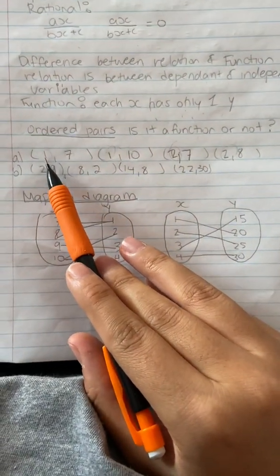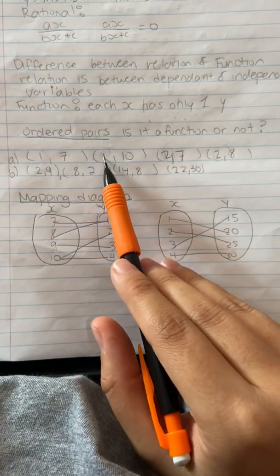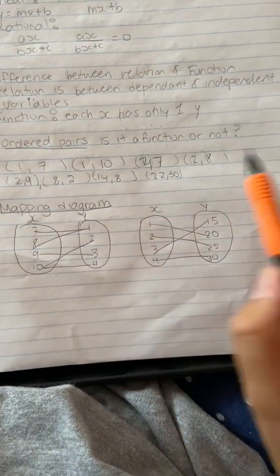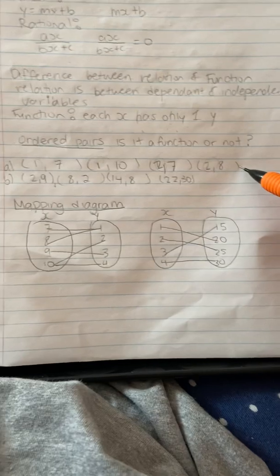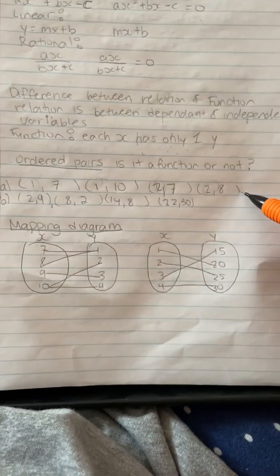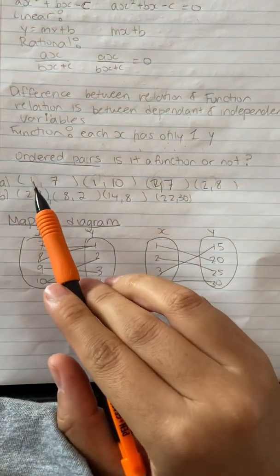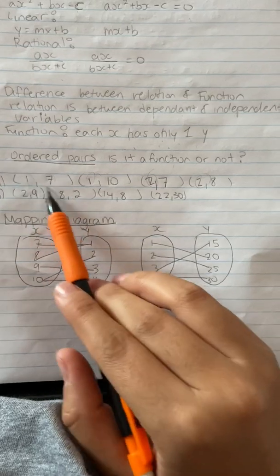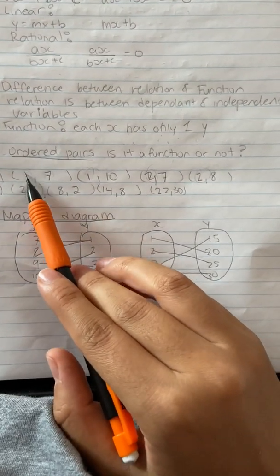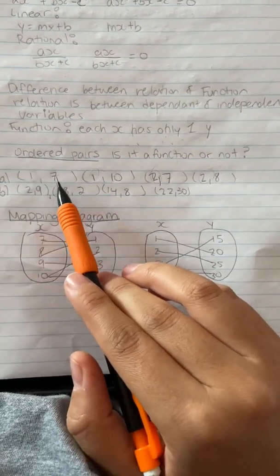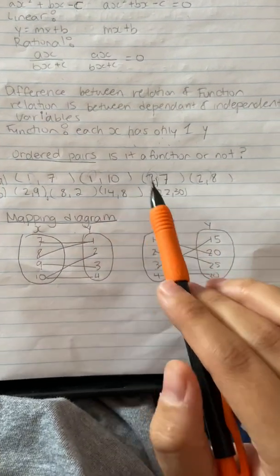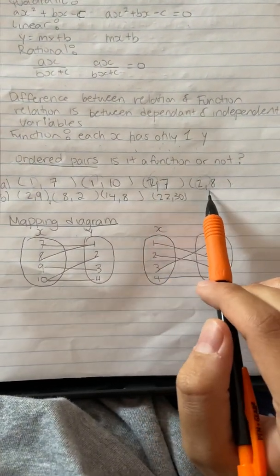As we look, there's another 1, and then there's two 2s. So therefore, this is not a function, and this is because each x variable has multiple y variables. The 1 has 7 and a 10, and the 2 has a 7 and an 8.